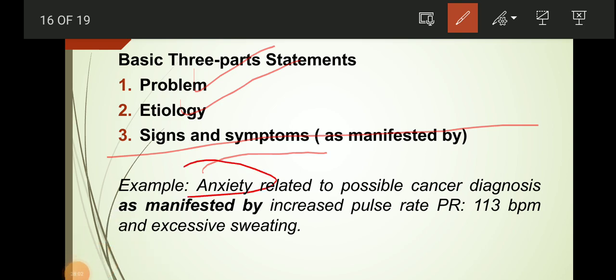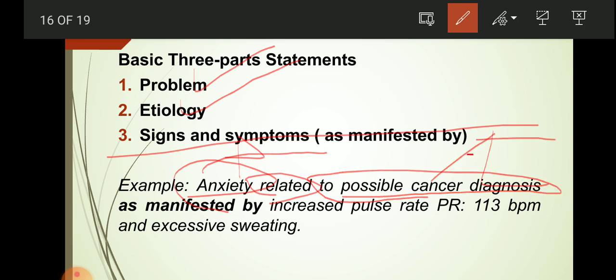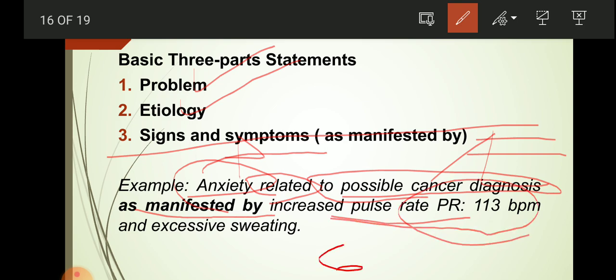Anxiety is the problem, right? Related to is our connective link or our linking verb. Possible cancer diagnosis is our etiology. And then, you have to use another linking verb, as manifested by, sa imong assessment nakita nimo, for example, increased pulse rate. Kasi the normal pulse rate is 60 to 100 beats per minute, okay?